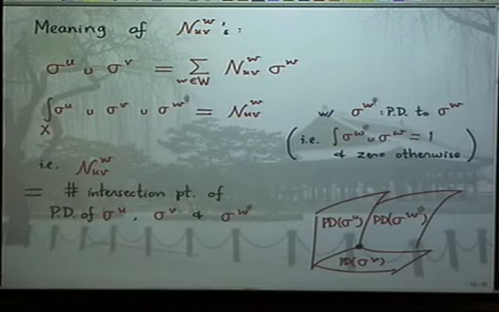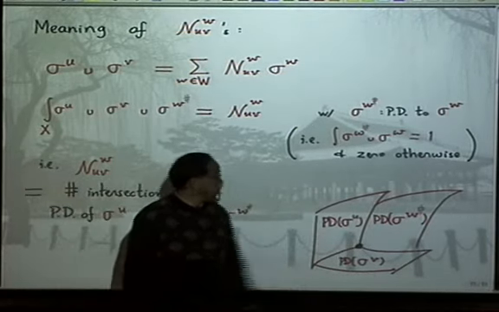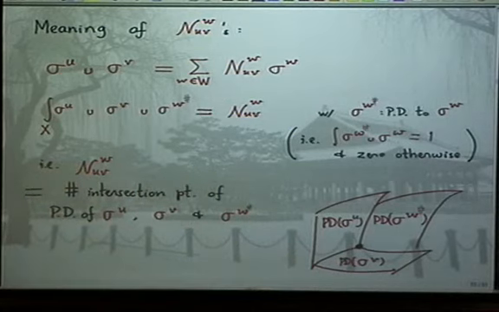So in terms of the enumerative question, you look at the Poincare duals of these three, sigma U, sigma V, and sigma W, and just count how many points they intersect. Okay? The honest number of intersection points when they move so that they intersect transversely, and that is this number that we want to count classically.